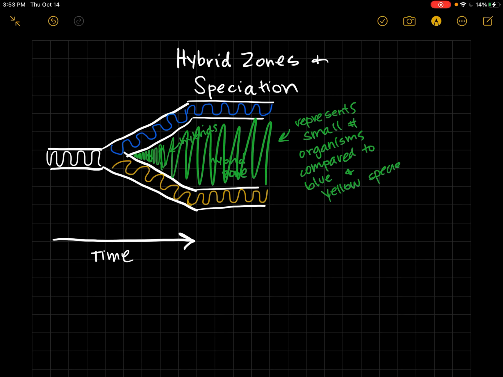When we're in this situation, we call this stability. That's an easy one to remember because it's stable. So this is stability.